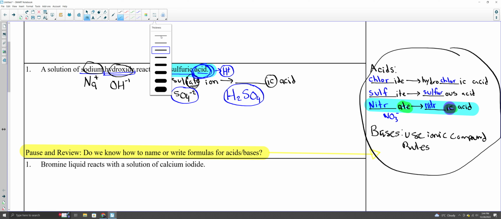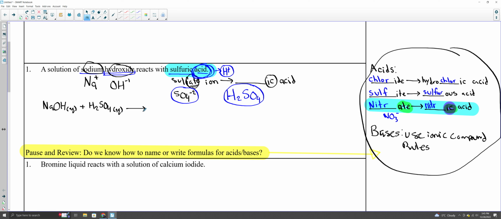Okay, now let's put these together into our formula. Sodium hydroxide, we just need 1 of each. A +1 sodium with a -1 hydroxide. It's in solution, so it's aqueous. And we react that with sulfuric acid, which definitely is in solution, H2SO4. So we've made aqueous there.